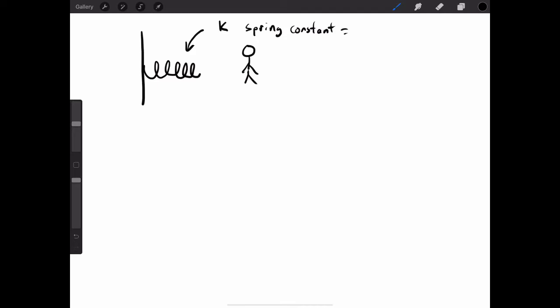And we're going to say it's equal to 300. Now, does that have units? It sure does. K values have units of newtons per meter. Okay. So we got this spring. We got Bob over here. And he's going to stretch this spring real far.